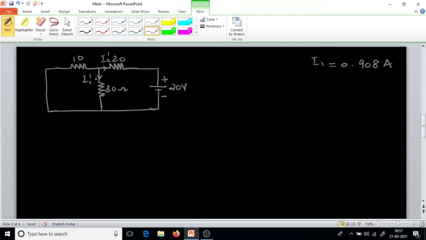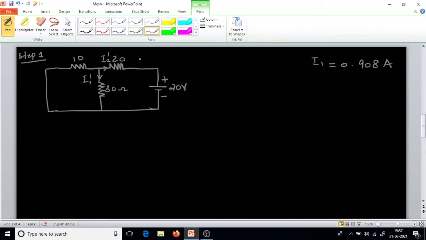Now if we see here, like the previous, this is step 2. First, using step 1, we have found I1, the current flowing through the 30 ohm resistor. Next, we deactivate the 50 volt source, and now we are only connecting the 20 volt voltage source.